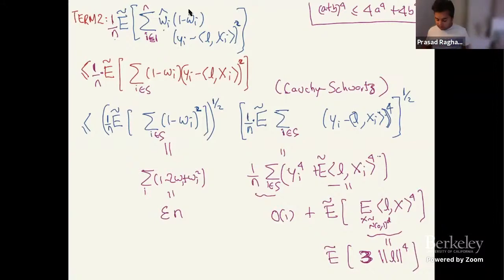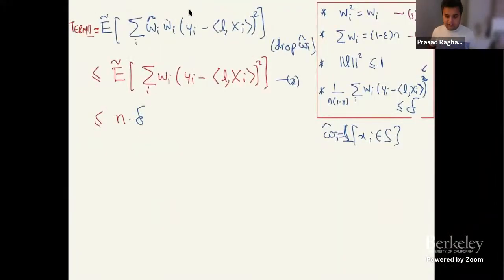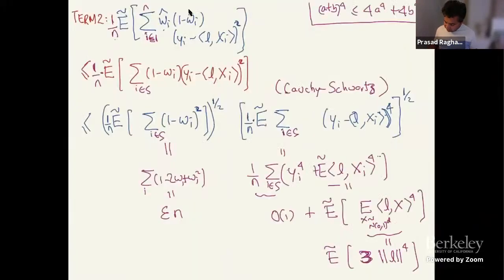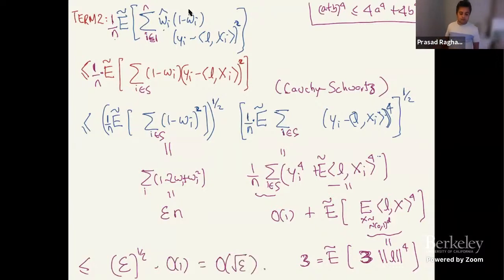That's one of our axioms. Therefore, this is at most 3. So the whole thing is you have an epsilon to the half times an order 1 quantity. So you get order square root epsilon. And the square root comes because of the Cauchy-Schwarz. Okay, so that's the whole analysis.